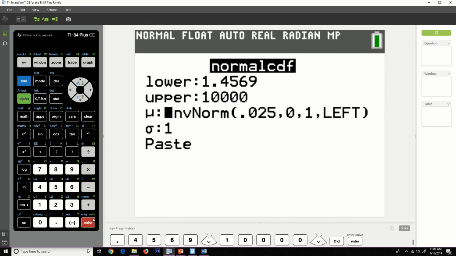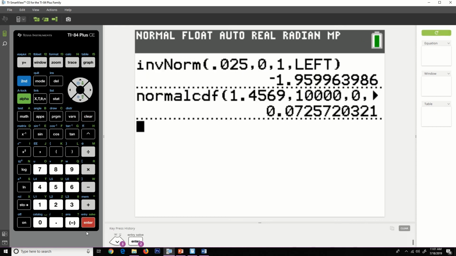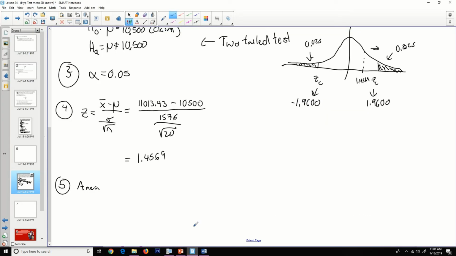Now this is only half the p-value. So the area, normal CDF, 1.4569 comma 10,000 comma 0 comma 1, and we ended up with 0.0726. Now again, that's the half, and so we have to multiply by 2.